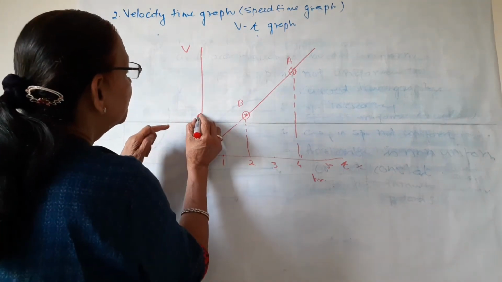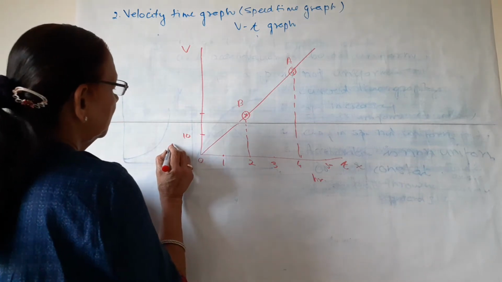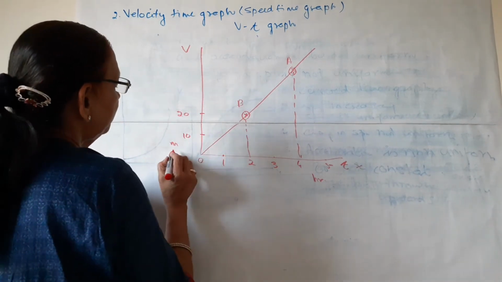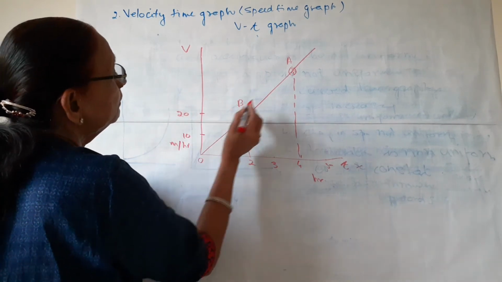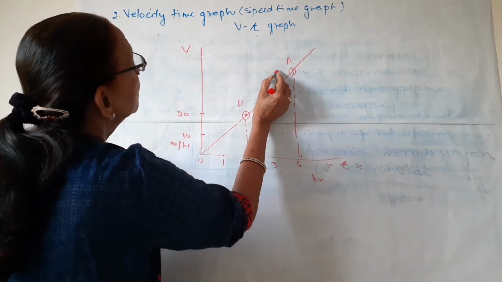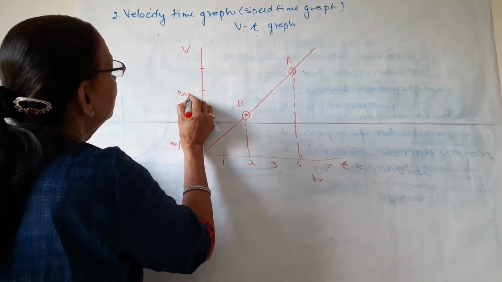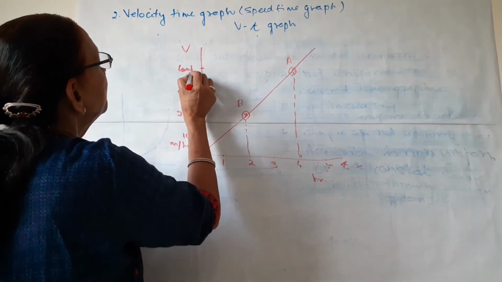And this is the speed. Suppose this is 10 meters per hour, this is 20 meters per hour, 30 meters per hour and 40 meters per hour.